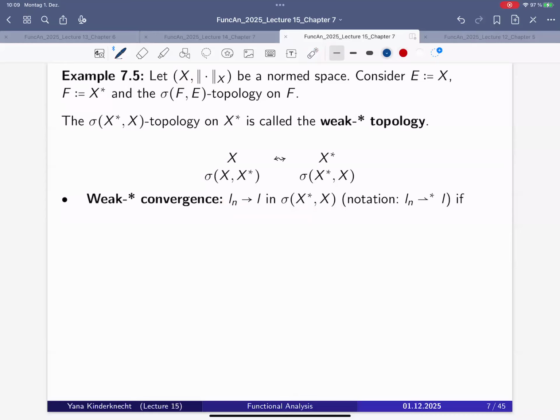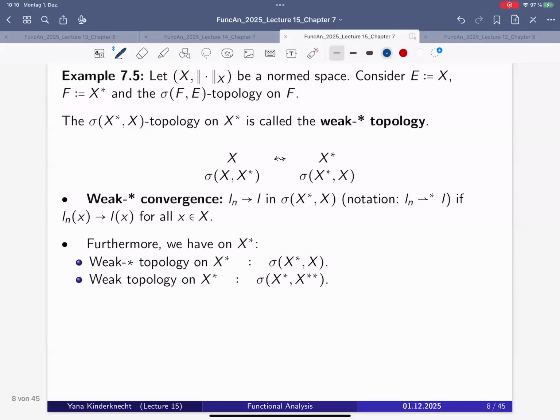For arbitrary x belonging to X, Lnx converges to Lx. Yes, capital X. Let us check. Yes.